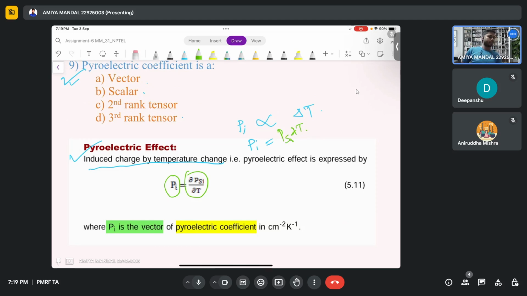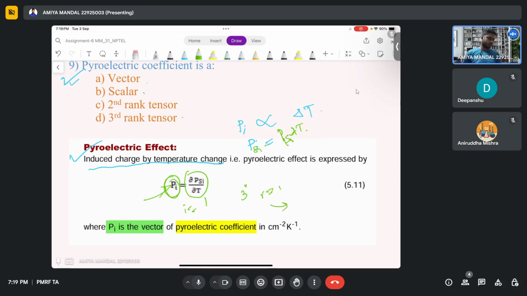This is the pyroelectric effect, dP/dT, and this gives you the pyroelectric coefficient. Here i means 3 to the power r, with r equal to 1.